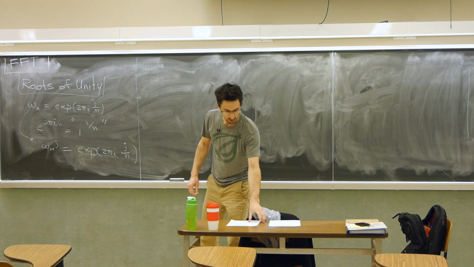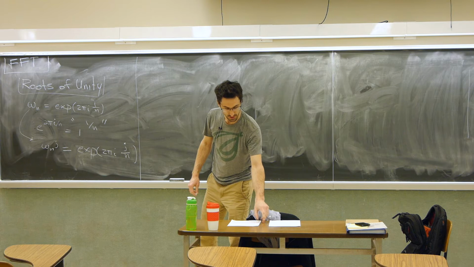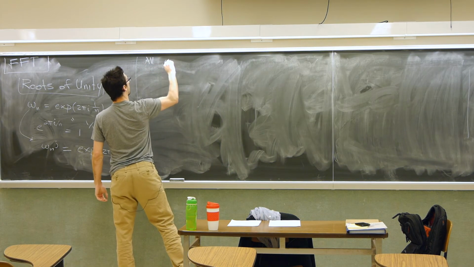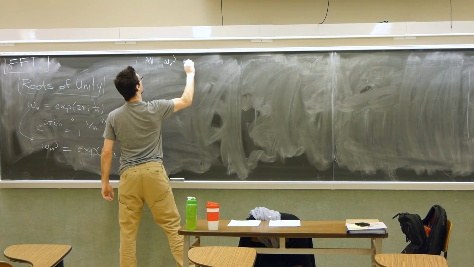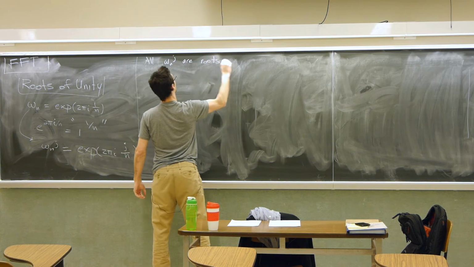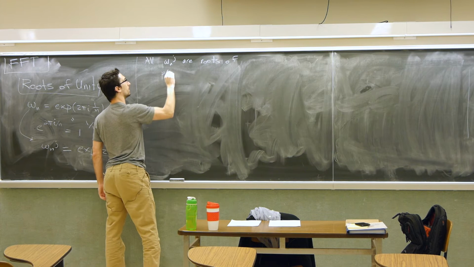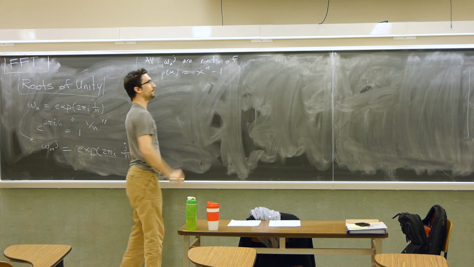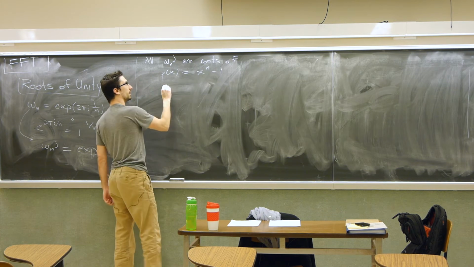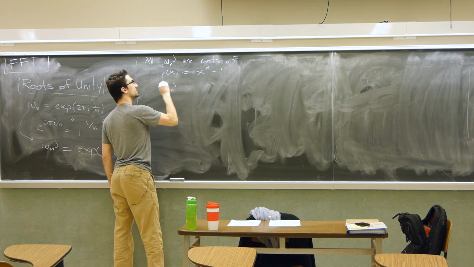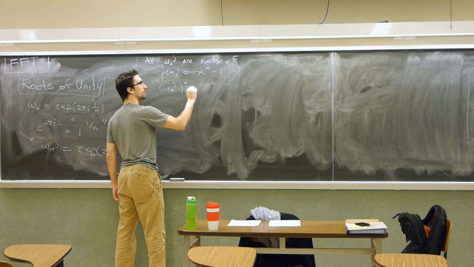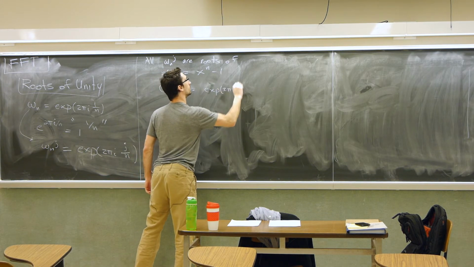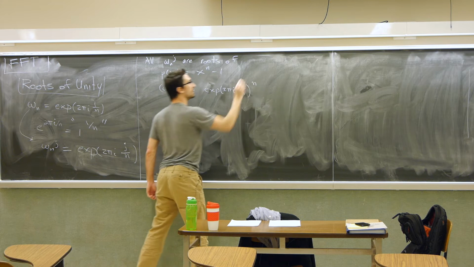In particular, right now it is enough to know that all of them are roots of the polynomial x to the n minus 1. And that's because any of these, if you raise to the nth power, you're really raising this to the nth power.